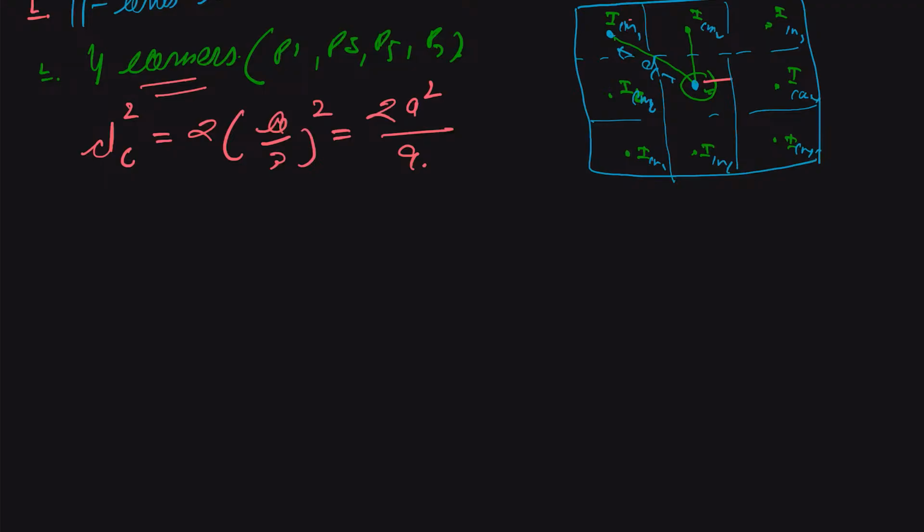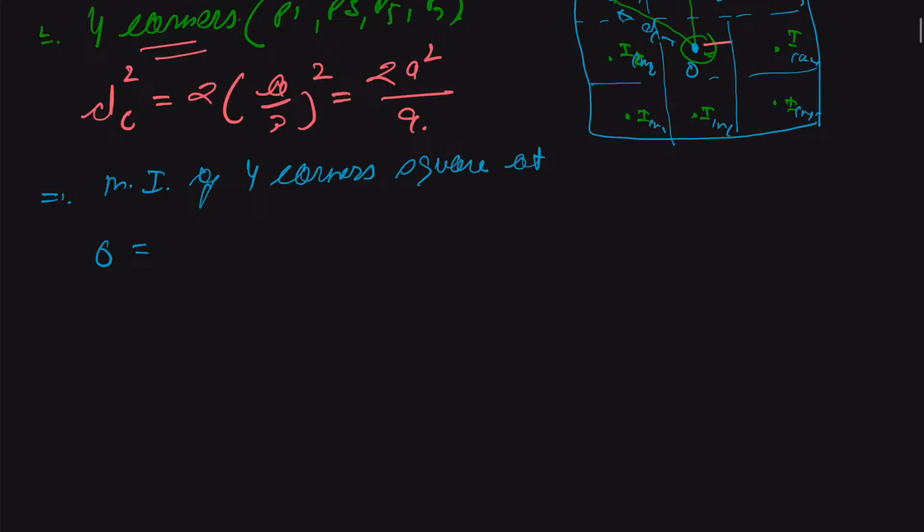We can write the moment of inertia of 4 corner squares, and let us call the center O, at O. That will be 4 times the mass of an individual square and the distance square, that is 2a square upon 9.